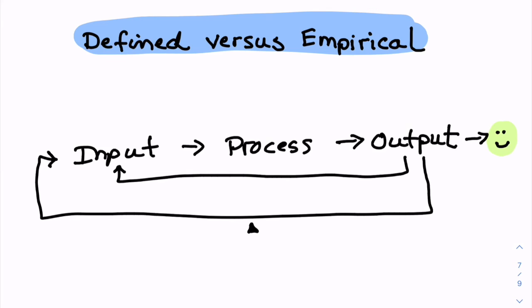This second feedback loop is called double loop learning. In the first feedback loop, we have this validation that what we produced through our process is in fact what we intended to create. In the defined process, we know that works for our customer, so we're good. In the empirical process, we don't know if that thing that we've created is what the customer actually needs, fit for purpose.